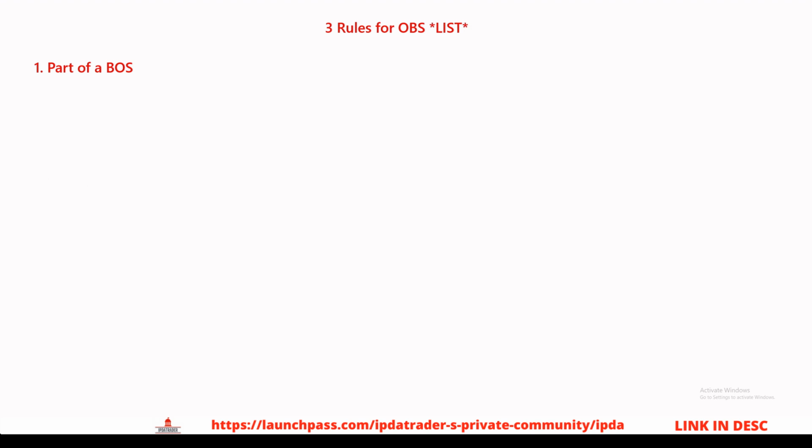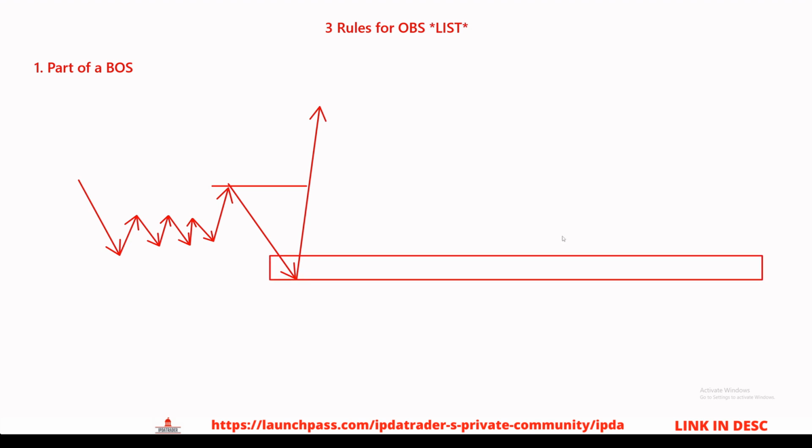If you're looking at a 4-hour break, let's say that this over here is your 4-hour break, then you're looking at a 4-hour OB over here. It doesn't mean that you cannot refine it, right? Because as you zoom into a lower time frame, let's say as an example you go into your 30-minute time frame, you will see a little bit of refinement.